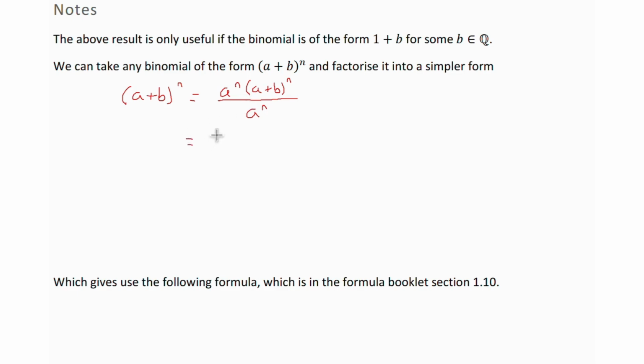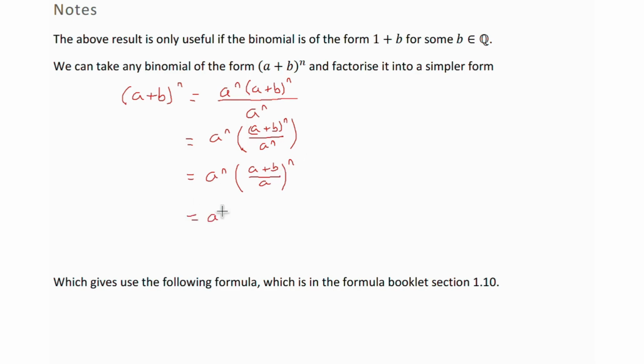Now this is the same as having a to the n times a plus b to the n over a to the n. This is the same as having a to the n times a plus b over a all to the n, because we can use one of our rules of powers.